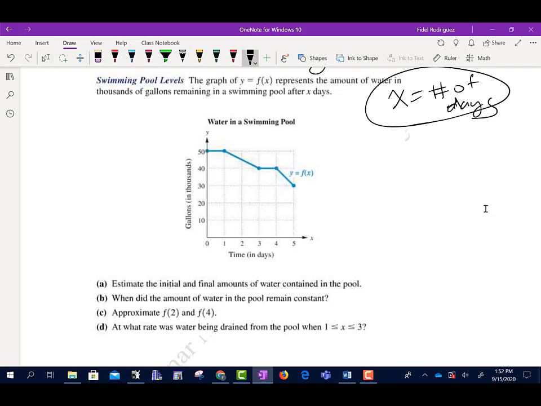So the initial would be when x is 0, what's the y value? 50,000 gallons. This is my initial. And then my final would be 30,000 gallons, because that's the y value there.